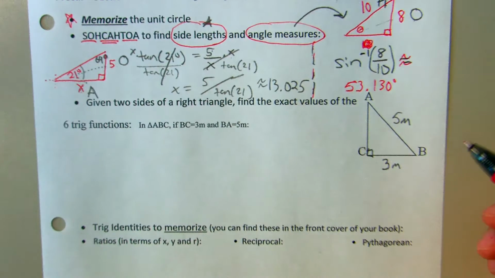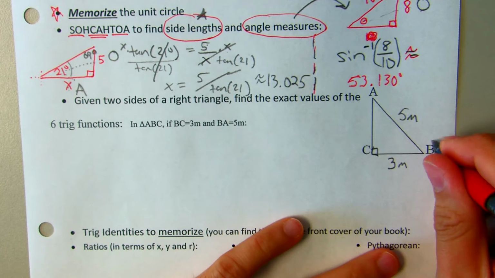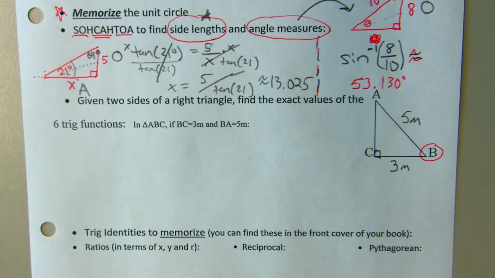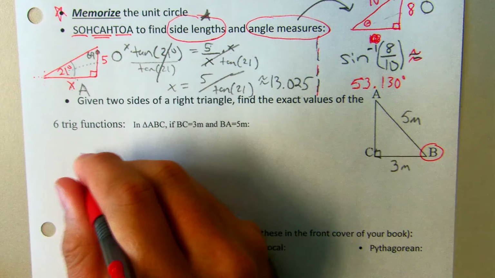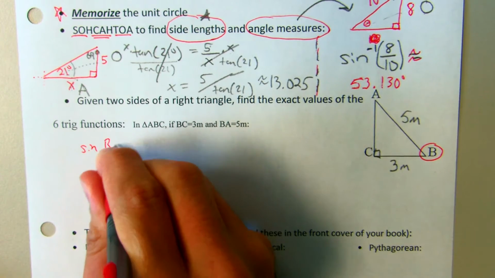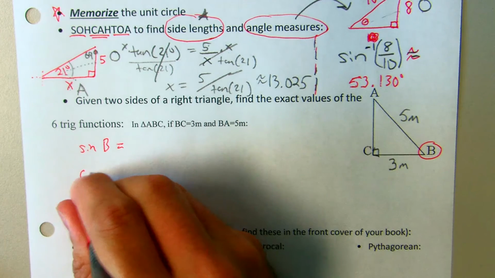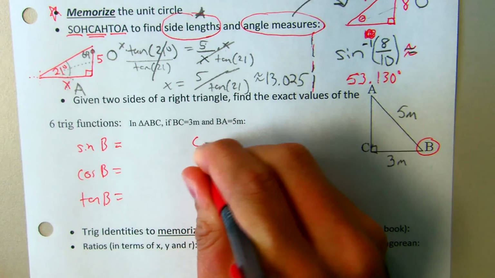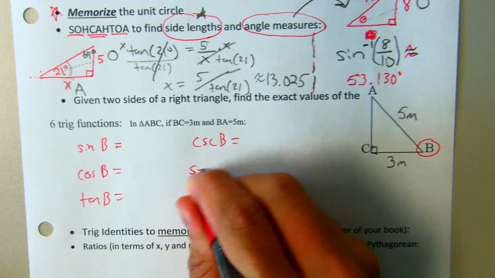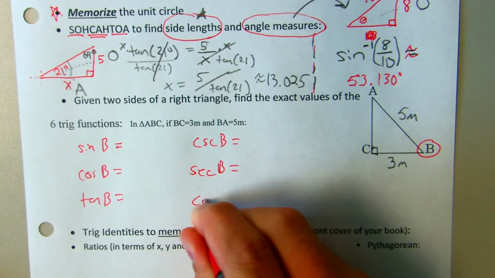So we're going to talk about angle B, because it does make a difference whether you're looking from angle B or you're looking from angle A. Always, never the right angle, always one of the two angles. So that might be like, they want to know what's the sine of B, what's the cosine of B, and tangent, and the 3 reciprocals. They're going to ask you for all 6.